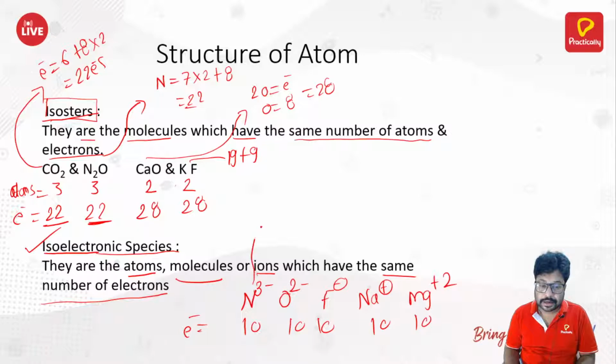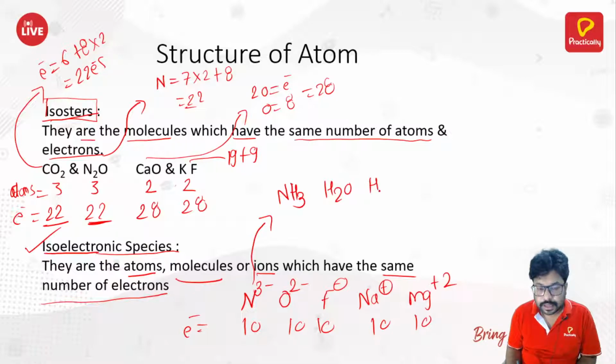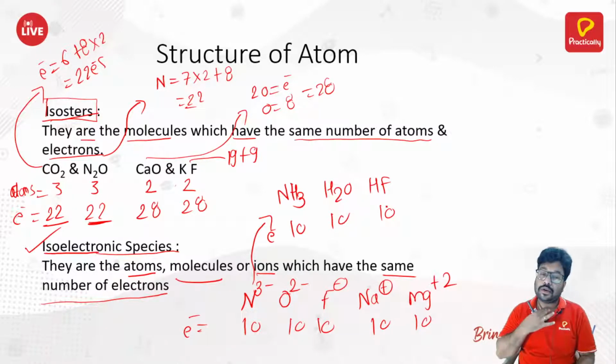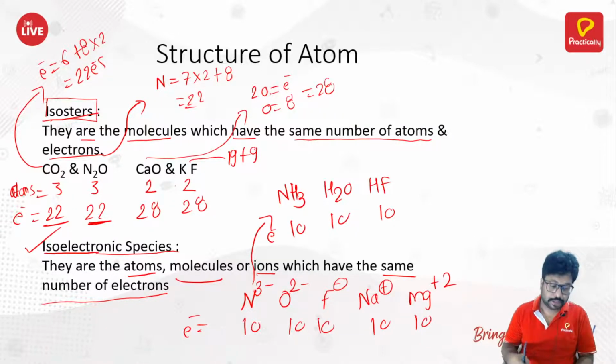Or you can go this way also: NH3, H2O, HF. Number of electrons are 10, 10, 10. So these are also isoelectronic species. The species containing the same number of electrons are called isoelectronic species. Okay, moving ahead.